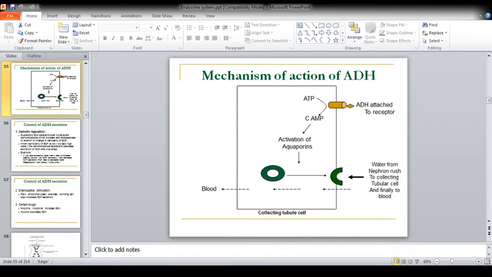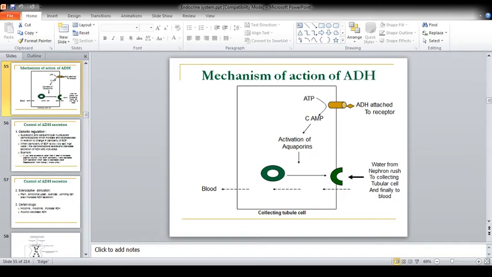Moreover, ADH secretion is controlled by exteroceptive stimulation, that is via pain, emotional upset, exercise or vomiting. ADH secretion is increased. So remember this. Whenever we are feeling more pain, we are emotionally upset, exercising or vomiting, we conserve more water in our body via increased ADH secretion.